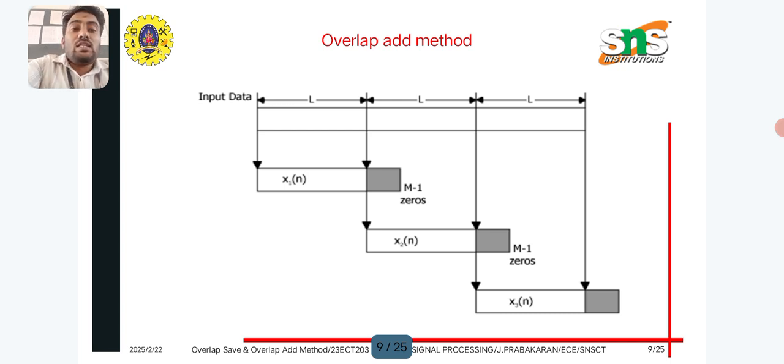If L equal to 3, the first three values are picked from the sequence x of n to form x1 of n, and the last part is to add m minus 1 zeros. This method forms the subblocks. All subblocks use this method.